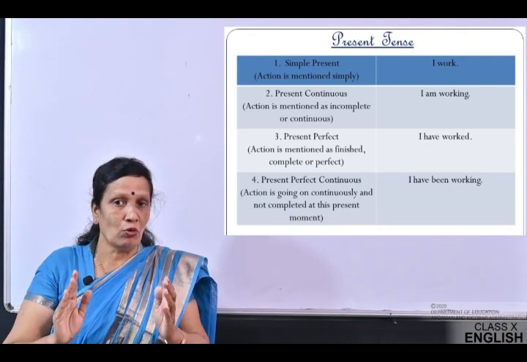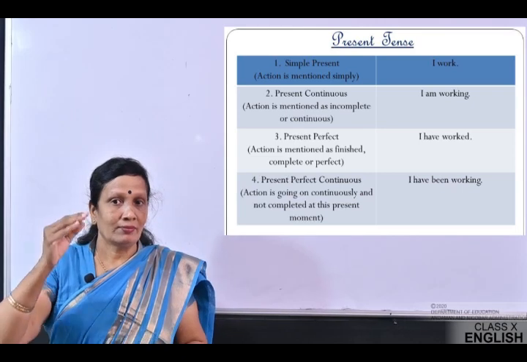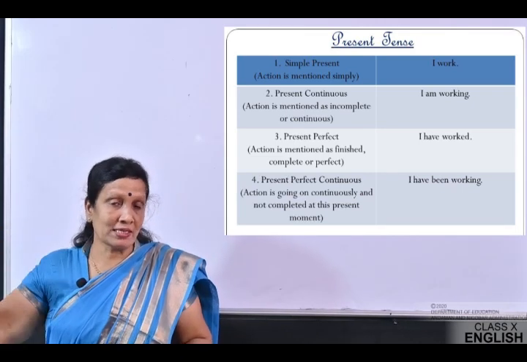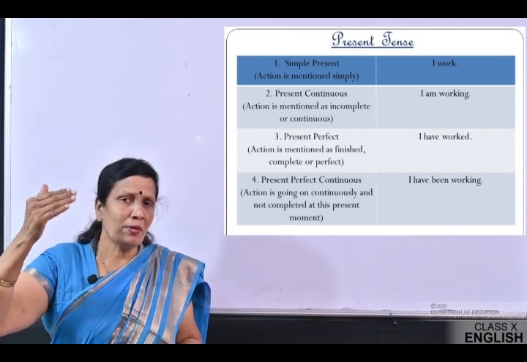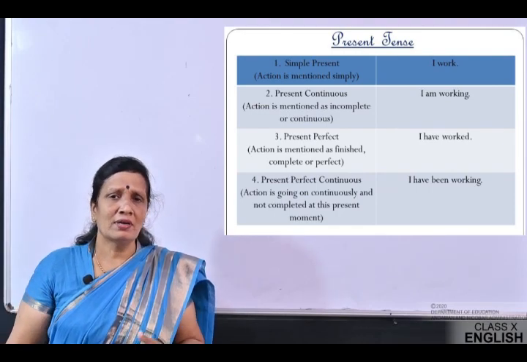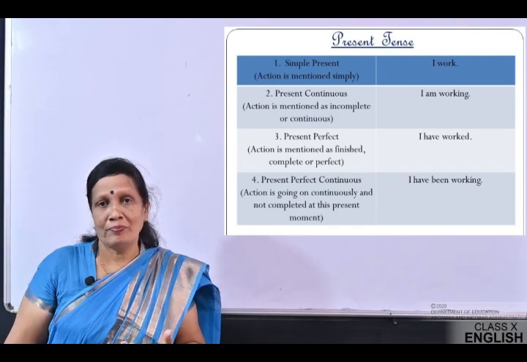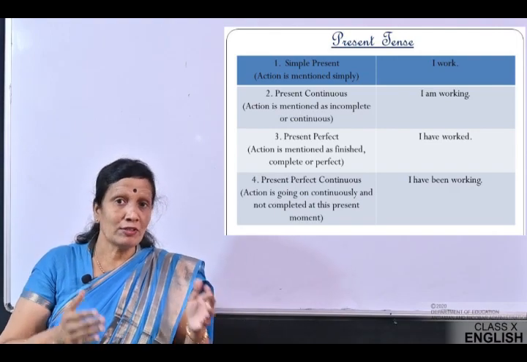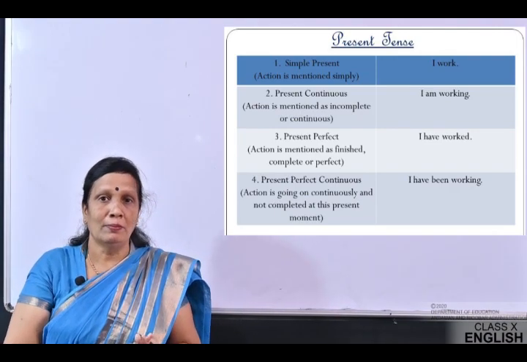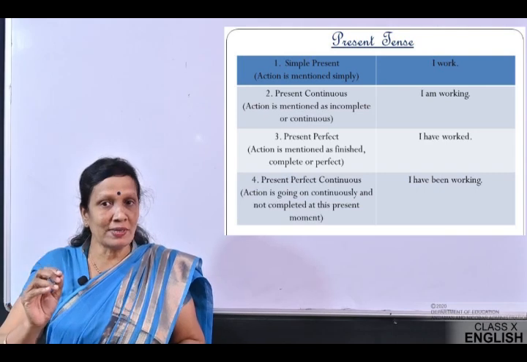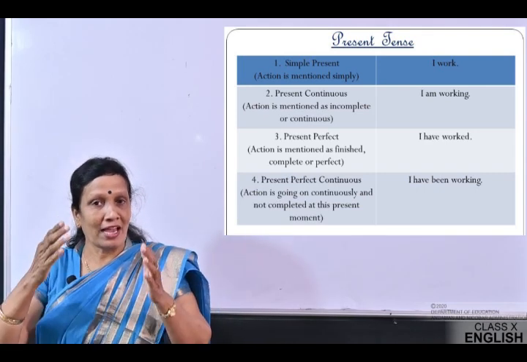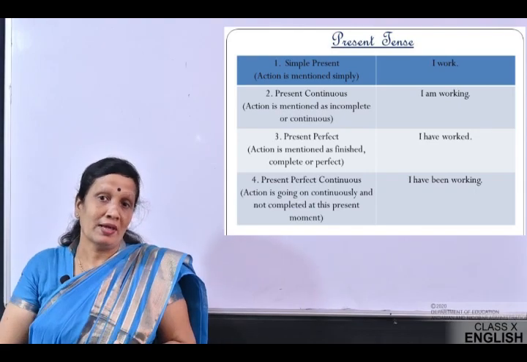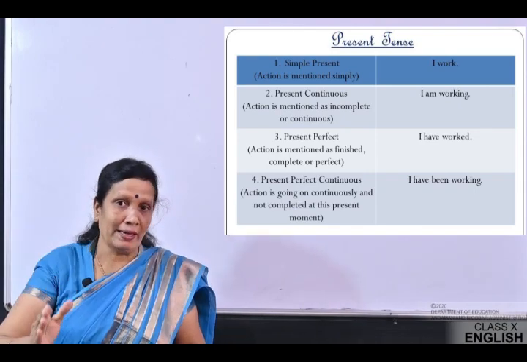Children, please note, we are talking of present continuous. I work was a simple present tense. I work, I dance, I talk, I eat: the first form of the verb. Now continuous means my work is going on, my action is continuing: I am working.